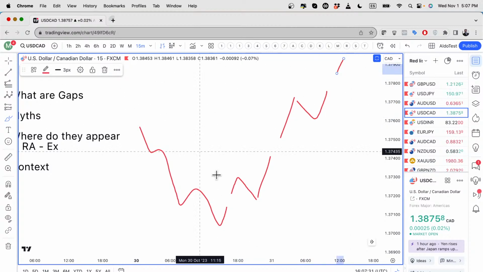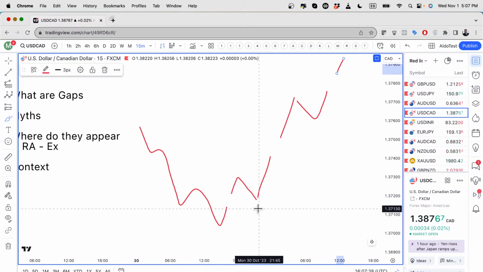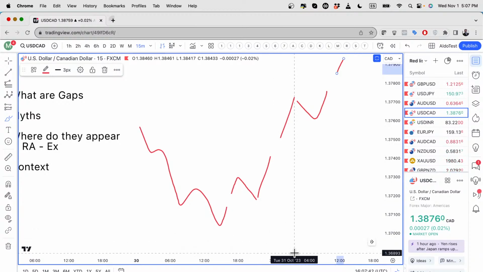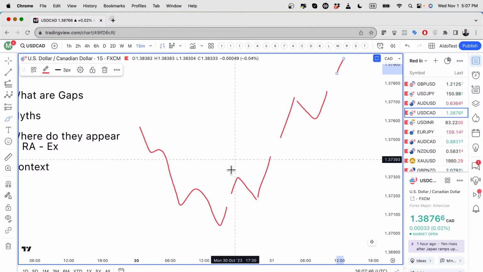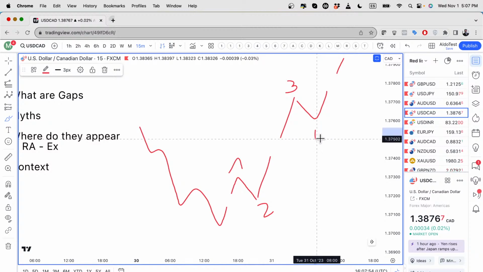So now, what is the context of this? You all know that a trend, from the Elliott wave perspective, is determined by 5 waves. So, for instance, we call this wave 1, wave 2, we label this as wave 3, then wave 4, and finally wave 5.